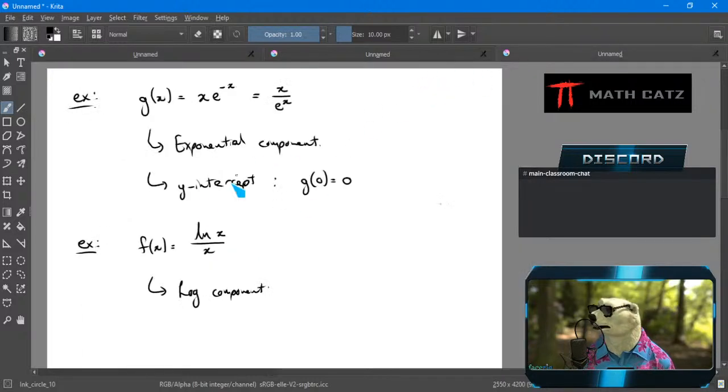That then is going to kick it out of the rational function type, because as soon as I have this log component, even in between other x's, other stuff, it kind of dominates the behavior a little bit. It dictates how this function is going to behave to a large degree, not completely, of course.